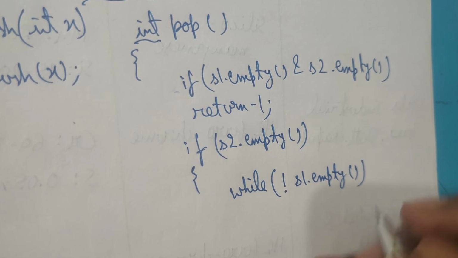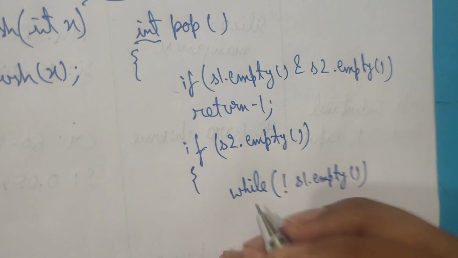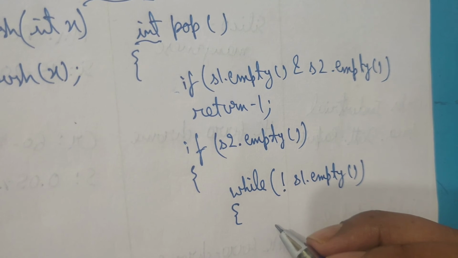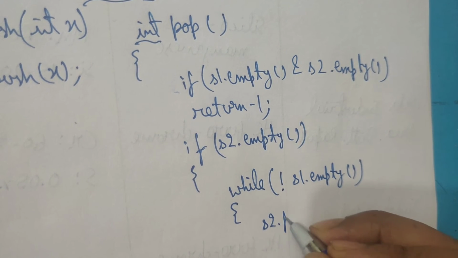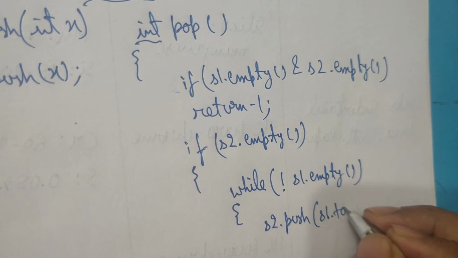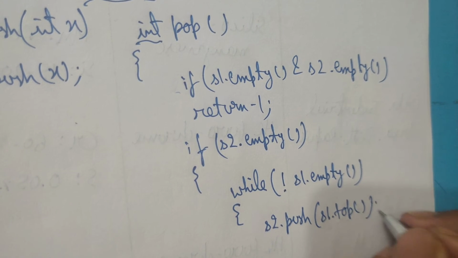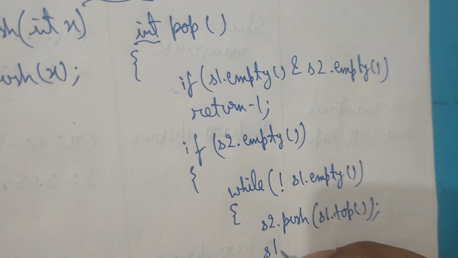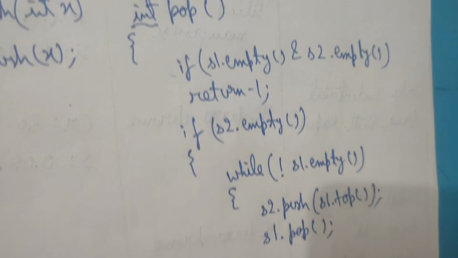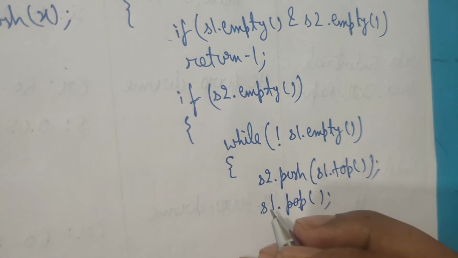When S1 becomes empty, the loop terminates and we come out of the loop. In this loop, we push into S2 the top element of S1, and after this step, we pop the topmost element of S1.